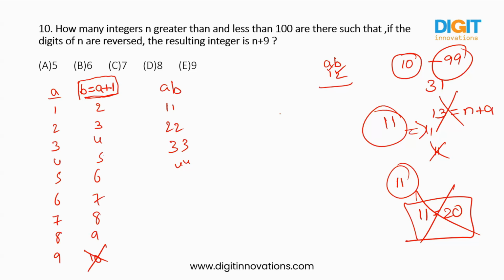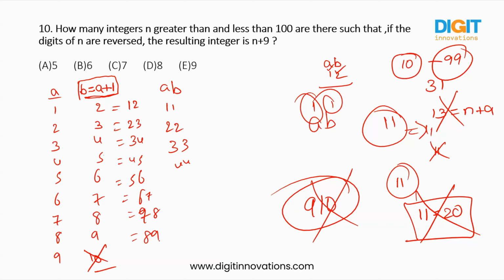If we take 10 here, it would be 9, 10, which is more than 100. So it is not accepted. They are asking in between 10 to 99 only. Okay. Then the values would be 12 here, 23 here, 34 here, and 45, 56, 67, 78, and 89.